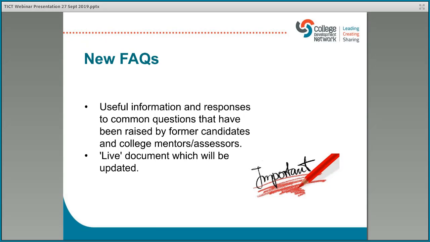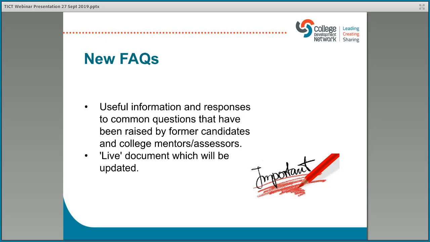basically in response to the fact that we were seeing an increase in new centres using Teaching Colleges Today for the first time. But also we recognise that quite often in colleges you will have new members of staff undertaking the roles of assessors or mentors who are not familiar with the process.